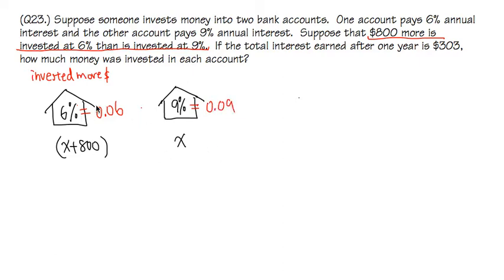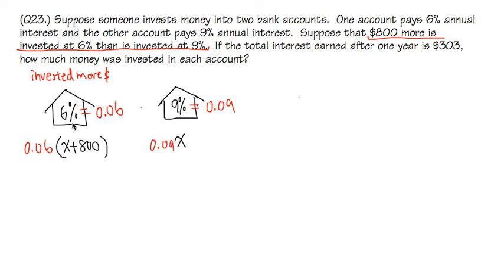So what you need to do is take the percentage as a decimal, the 0.06, and multiply it by how much money you put in the account. This will generate the interest. This is how you calculate the interest. So I'm going to multiply 0.06 with the parentheses X plus 800. Likewise for this part, 0.09 times X, all right?